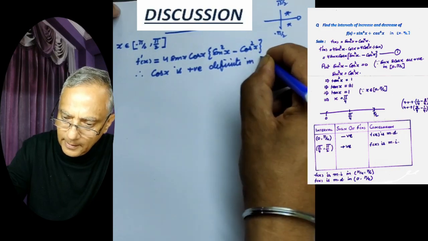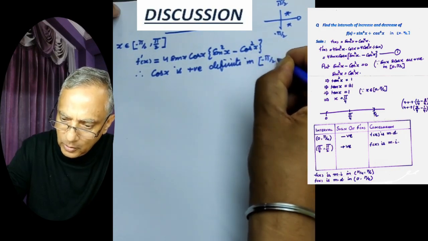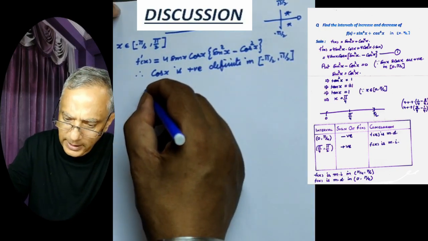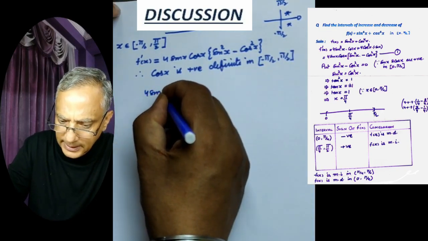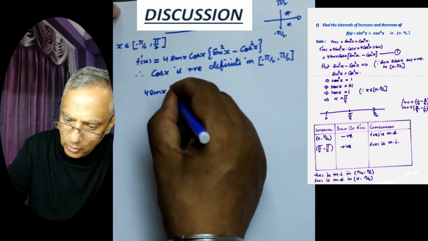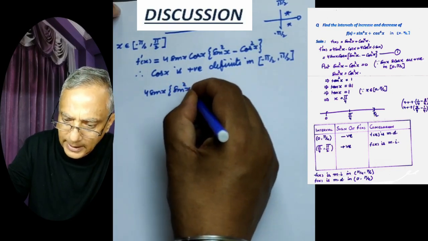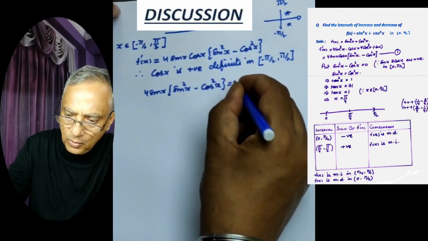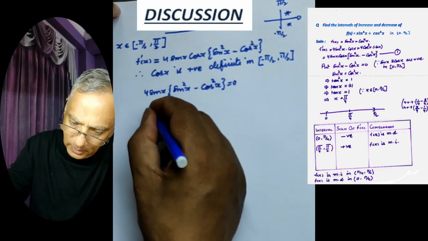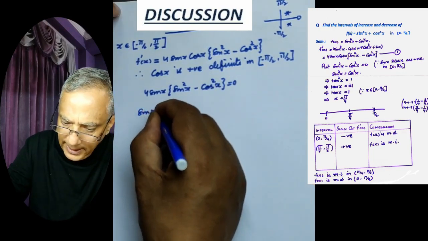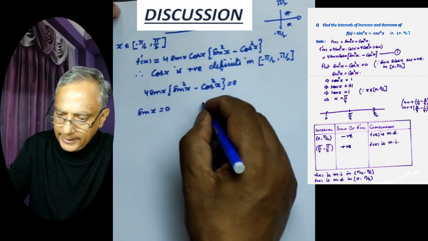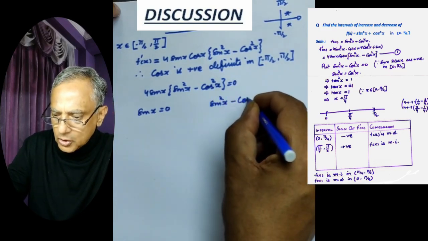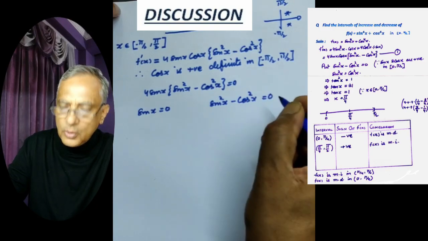in −π/2 to π/2, and therefore we put 4 sin x into (sin²x − cos²x) equal to 0, and therefore we get sin x is equal to 0 and sin²x − cos²x is equal to 0.